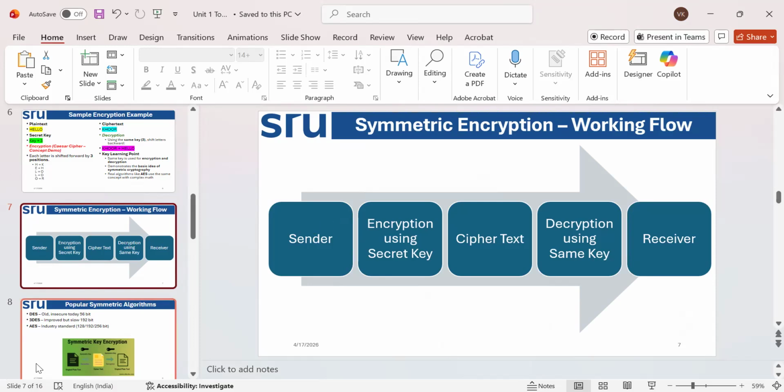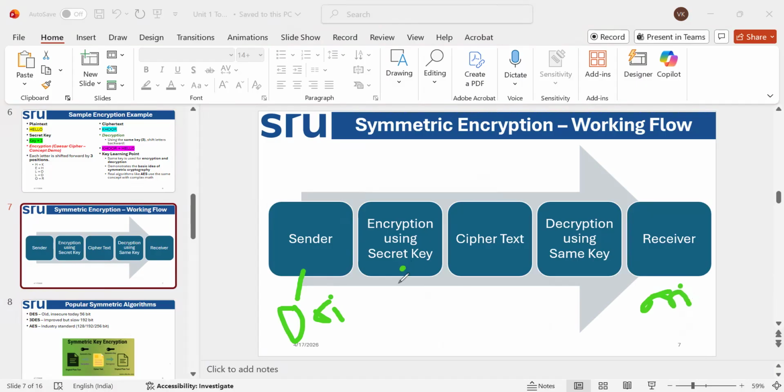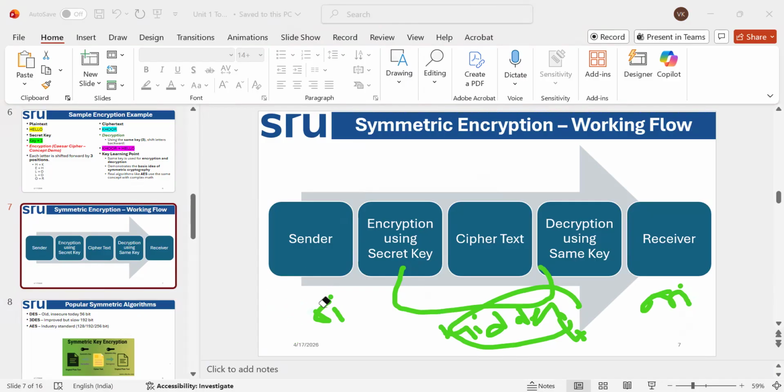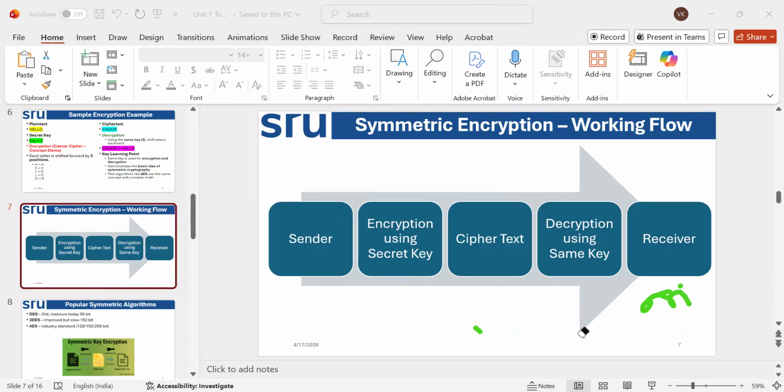So the original message goes in, the original comes out, and in between is a hidden, changed message. That's the workflow of symmetric cryptography. I hope you understand it clearly.